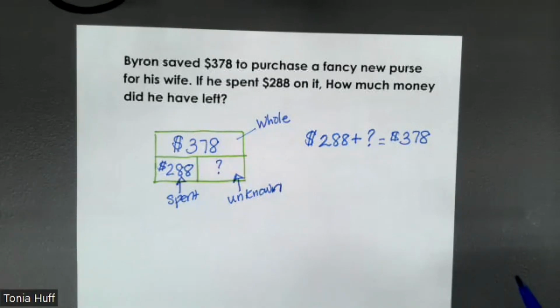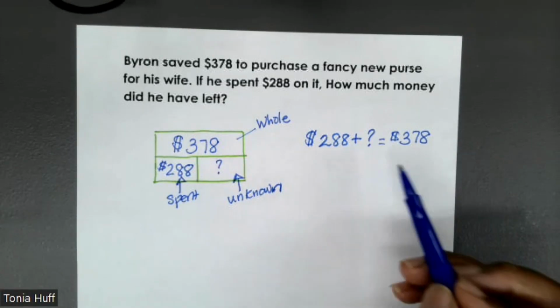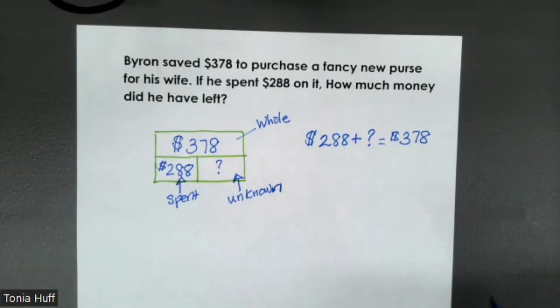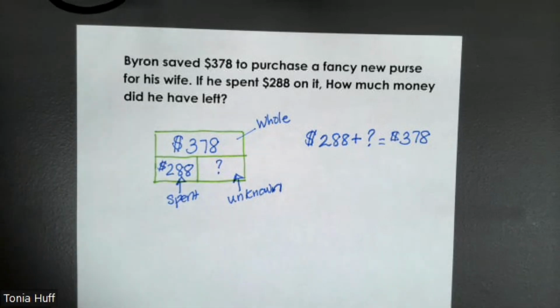The first way I would like to model finding the value of my unknown is going to be using a thousands chart. You can certainly create a class thousands chart comprised of 10 hundreds charts taped together to add to your math resource wall, but today we will only use the parts of the thousands chart that we need.